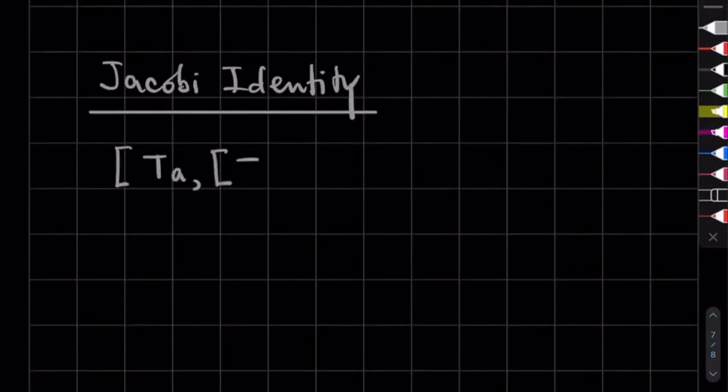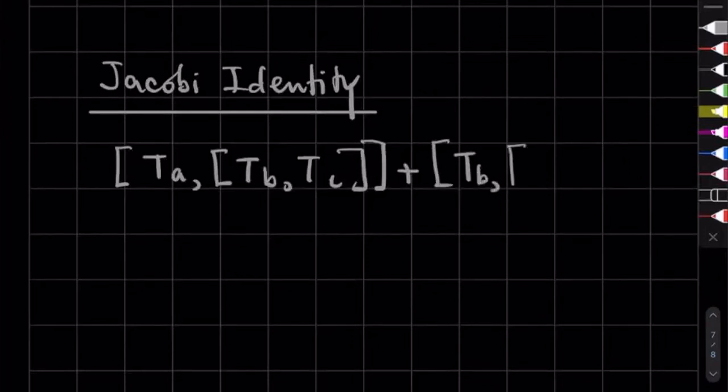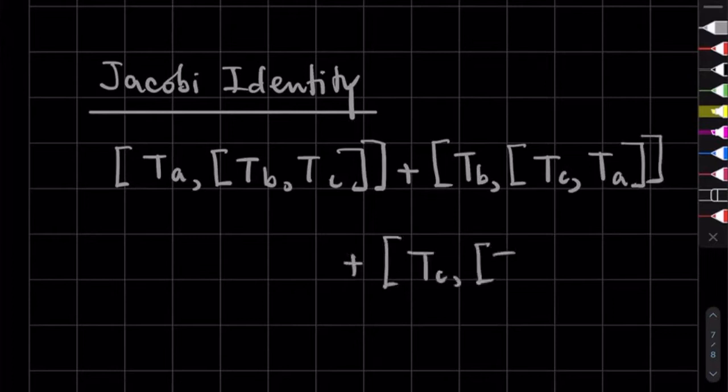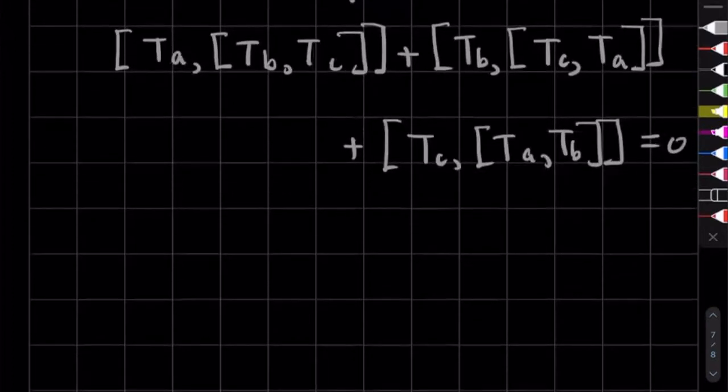It's part of the definition of a Lie algebra, and for commutators, it's true. So this is the Jacobi identity. Now what we do is that we eliminate the commutator using our Lie algebra.